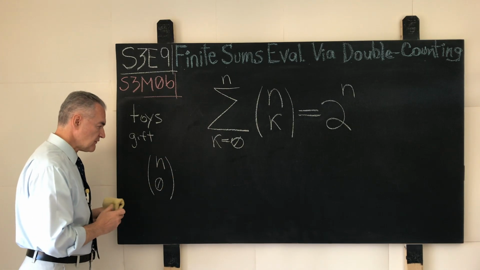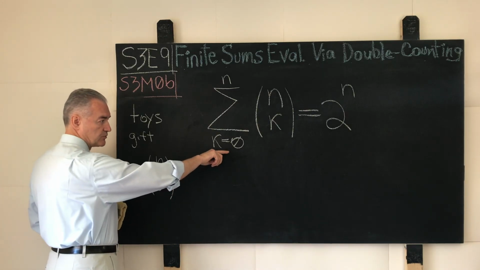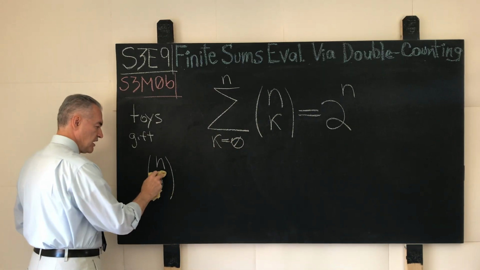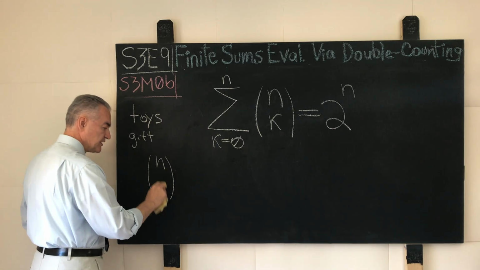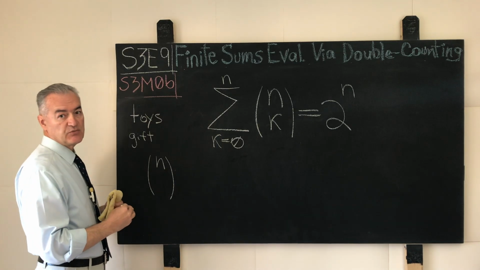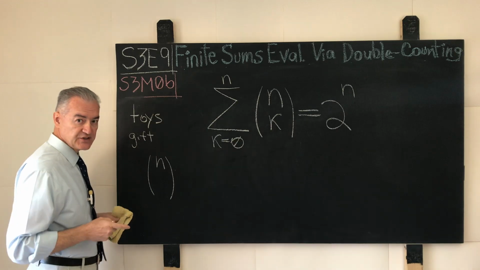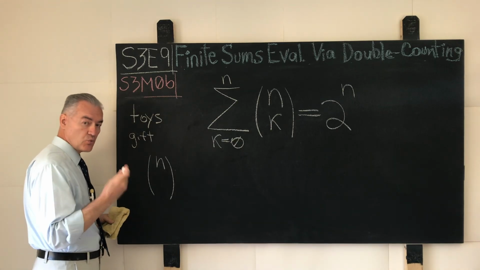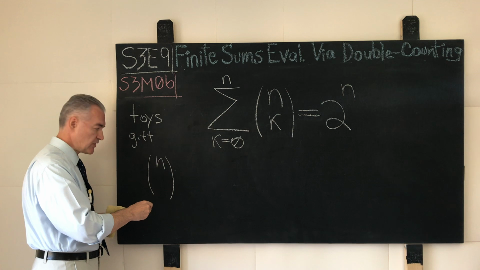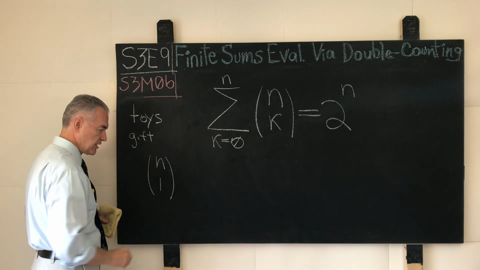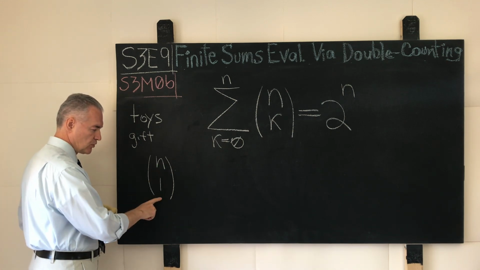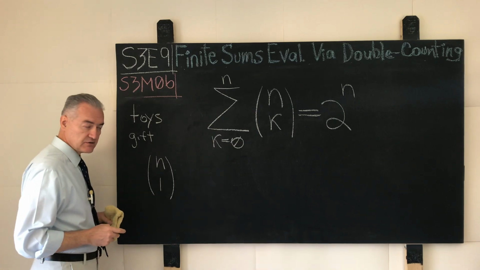Wonderful. Now, when we iterate k from 0 to 1, what do we get? The number of gifts that can be formed from one toy is equal to the number of ways in which one toy can be chosen from the set of n. That number is given by the binomial coefficient n choose 1, and there we have it.